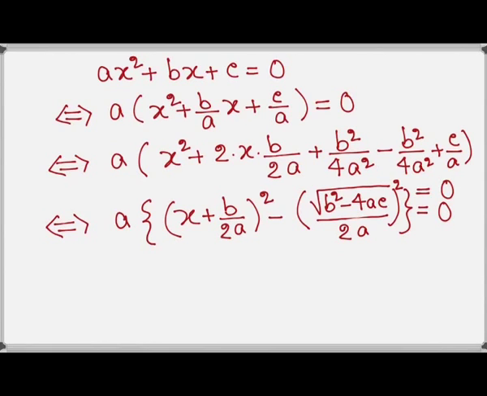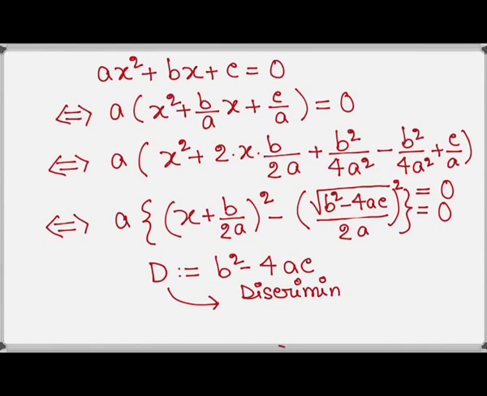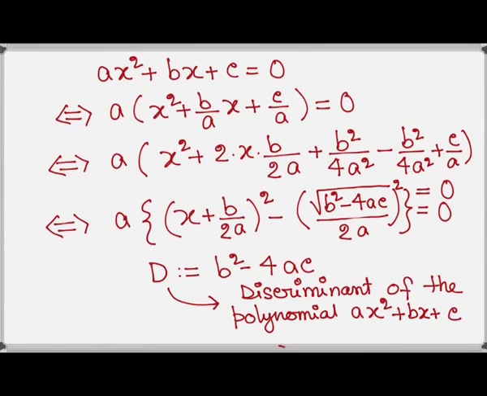Now this quantity b square minus 4ac is generally denoted by d, and this has a name. It is generally called the discriminant of the polynomial ax square plus bx plus c.